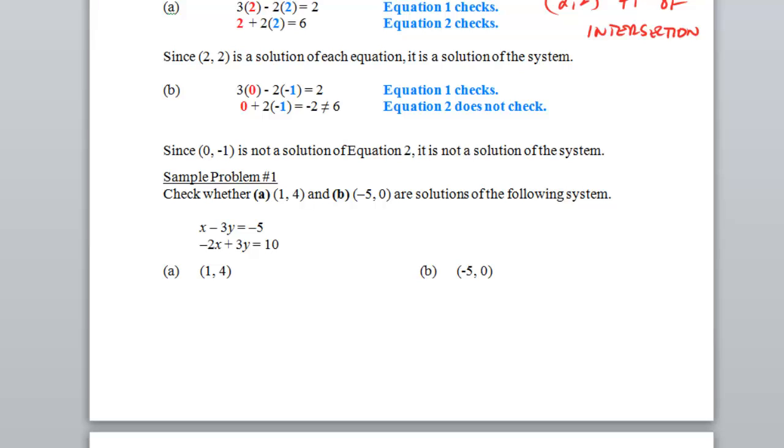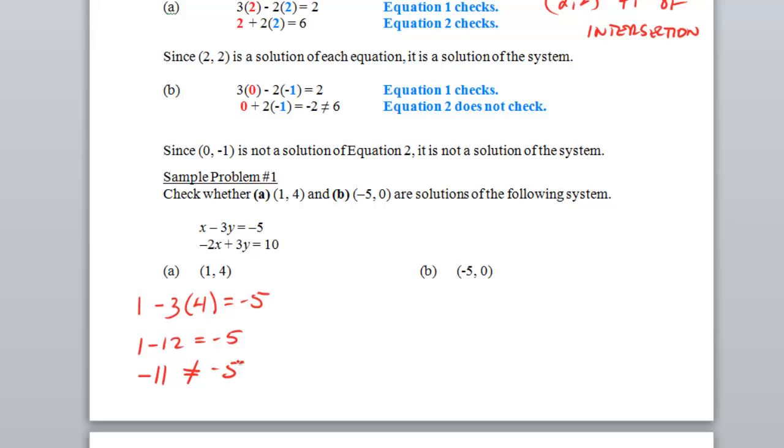Okay, I'm going to start with part A. I'm going to check these equations for the ordered pair 1, 4. I'm going to plug in 1 for x in x minus 3 times 4 equals negative 5. That gives me 1 minus 12, which gives me negative 11, which clearly does not equal negative 5.